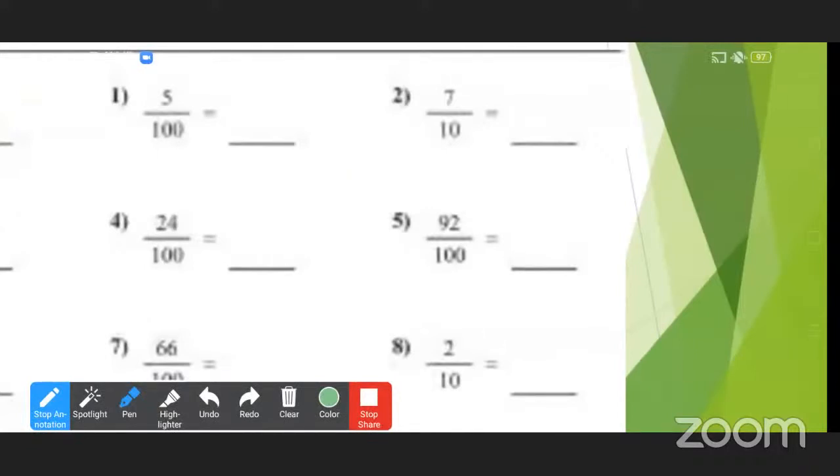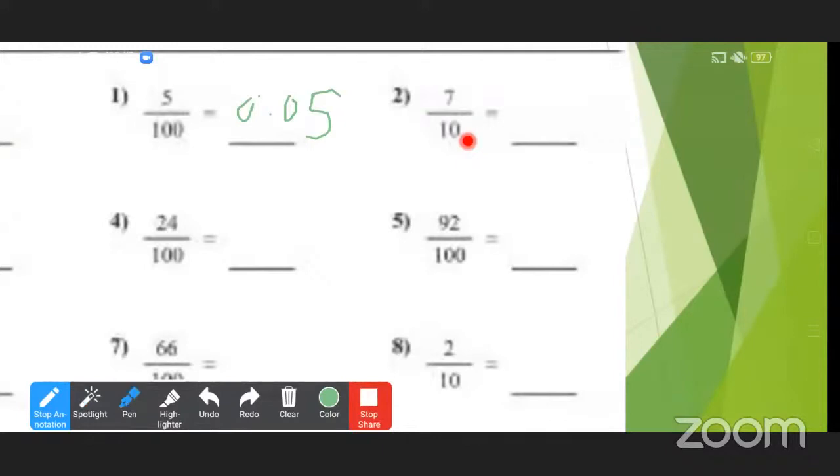Now see this first, the number 1. 5 upon 100. And the decimal form is 0.05. Okay, good. And the second one, who will read it? 7 upon 10.